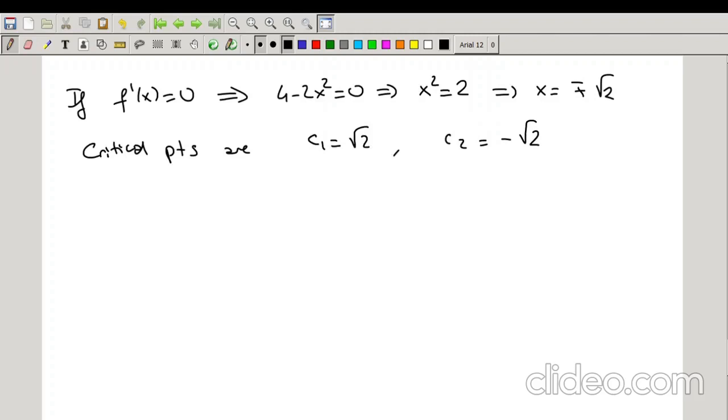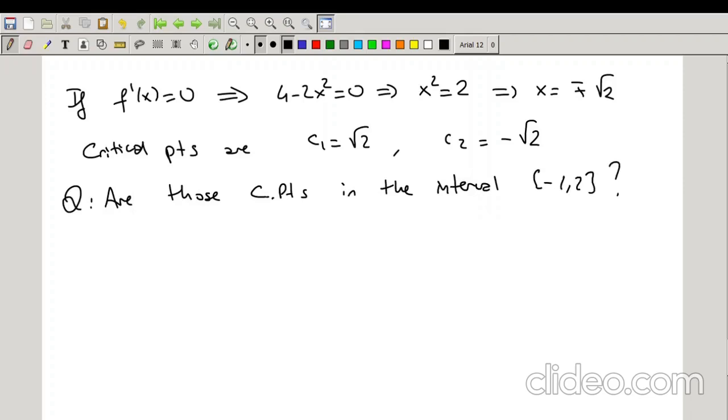But here we have a question. Are those critical points in the interval? Because we are studying in the interval minus 1 and 2. So C1, yes, it is in the interval minus 1 and 2.